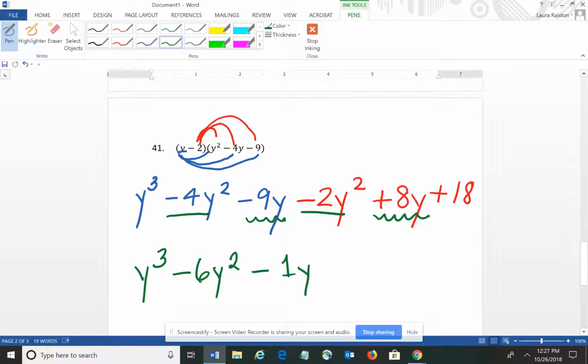And then I have plus 18. Now, in most of your answers on the computer, you would not actually have the 1 in front of the y written. Most times, you're just going to see it as minus y. Okay, so that's the homework from lesson 2 on dealing with polynomials.